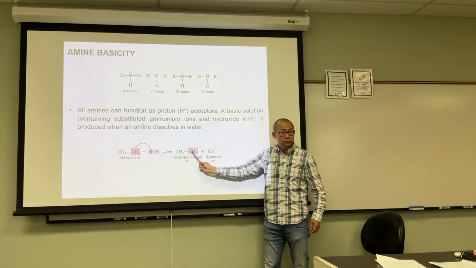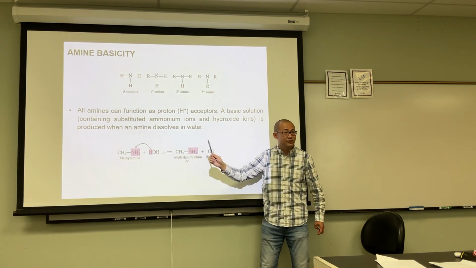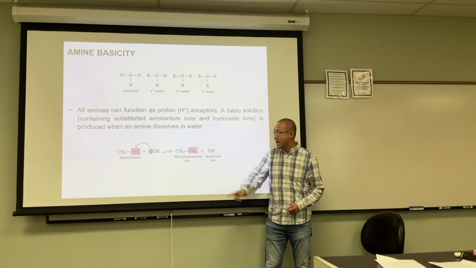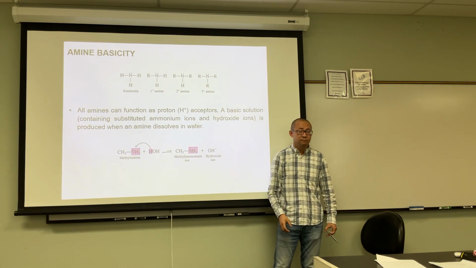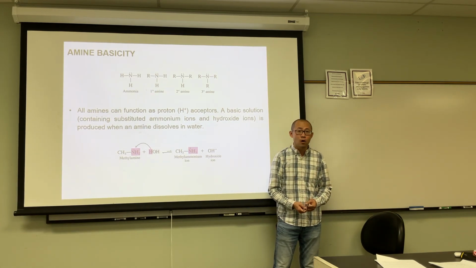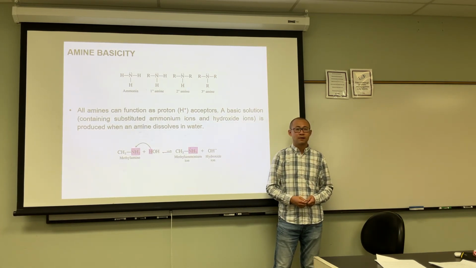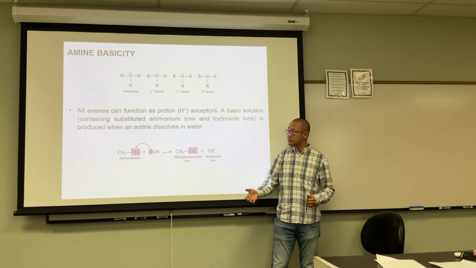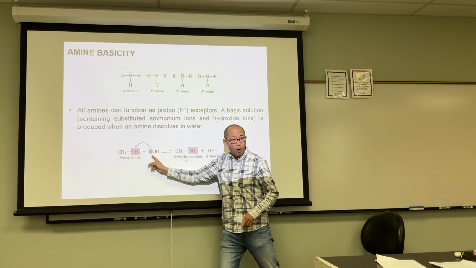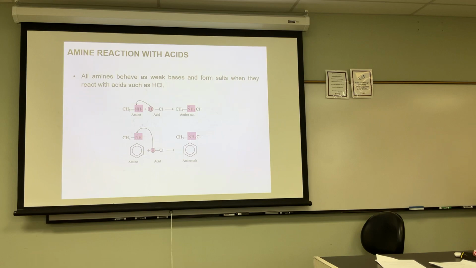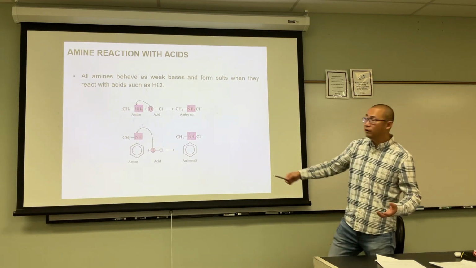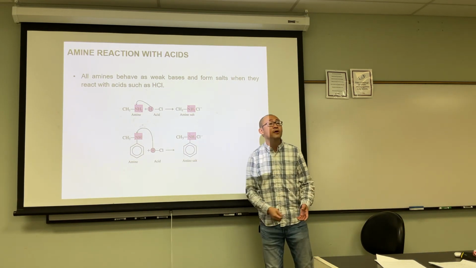What is ammonium? A charged nitrogen with 4 bonds. And the plus ion, anything with a charge, we call an ion, is called an ammonium ion. So that means when an amine reacts with water or an amine reacts with an acid, they both result in an ammonium ion.